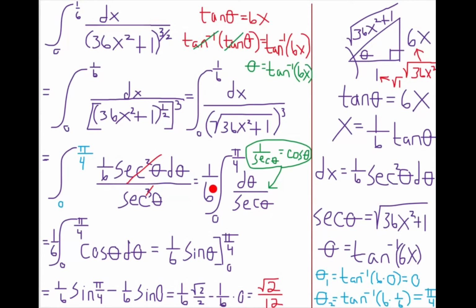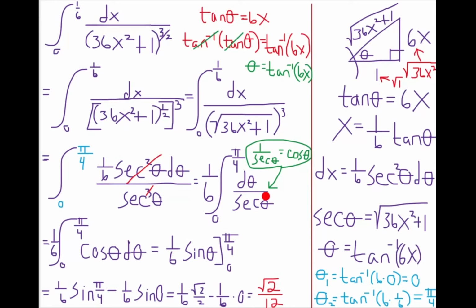Next, this is a little bit ugly, maybe not as easy to see. Notice if I have this d theta over secant theta, let's ignore the d theta part, but this is really d theta times 1 over secant theta. 1 over secant theta is the same thing as cosine theta. So we rewrite that there.